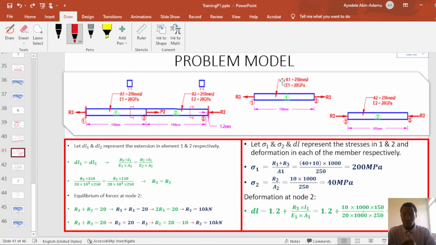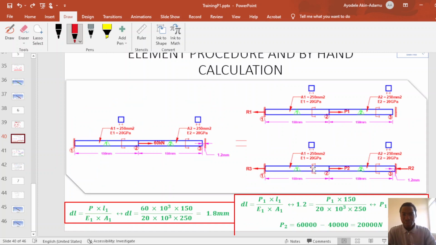So if the reaction at node 1 is 50 kilonewton, that means 50 kilonewton is the force that acts on finite element 1. So finite element 1 is stretched by the R3 reaction. No, it's not actually. Finite element 1 is stretched by R1 plus R3. This is what I mean. Finite element 1 is stretched by R1 plus R3, which is 50 kilonewton.